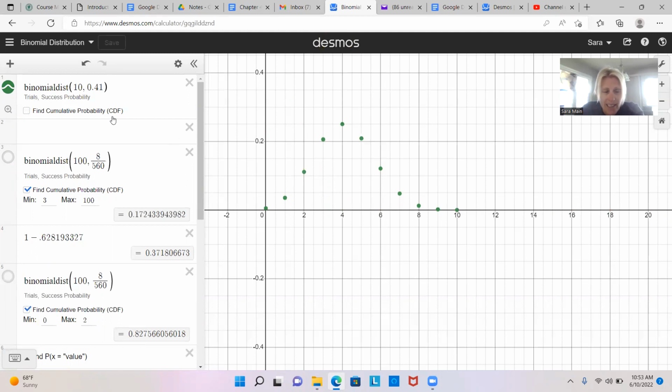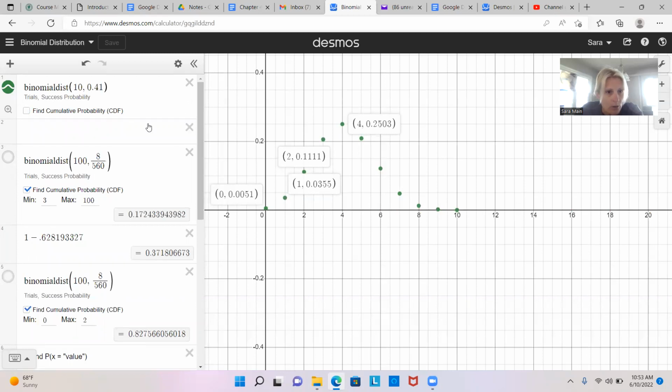Now, if I want to find exactly a particular probability, I can click on them. Let's say I want to know the probability that exactly 4 of my workers have a high school diploma but don't want to further their degrees. That would be 25.03%, 0.2503.